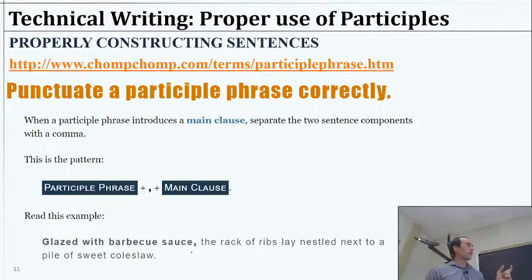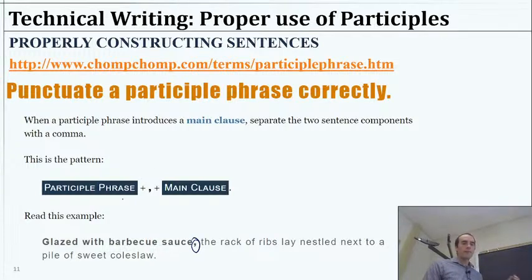Glazed with barbecue sauce, it's a nice little flavor to the sentence. It's an addition, but it's not necessary in any way. We could simply say the rack of ribs lay nestled next to the coleslaw. So the fact that it doesn't matter means we're going to add that comma. It's a subordinate, doesn't have to be there, so it's just comma.